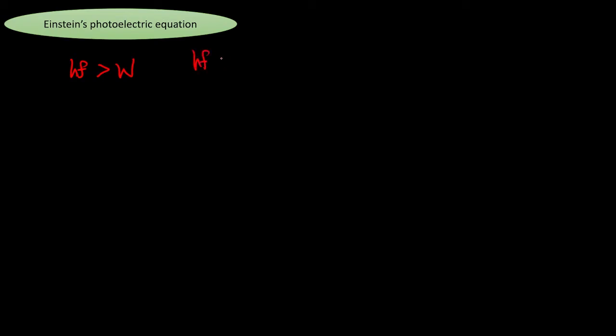So the hf will be split: part is used for the work function that helps the electron to be emitted from the metal surface, and the extra energy is provided for the electron to move with a maximum KE. Means it will have enough energy to be emitted with some velocity.